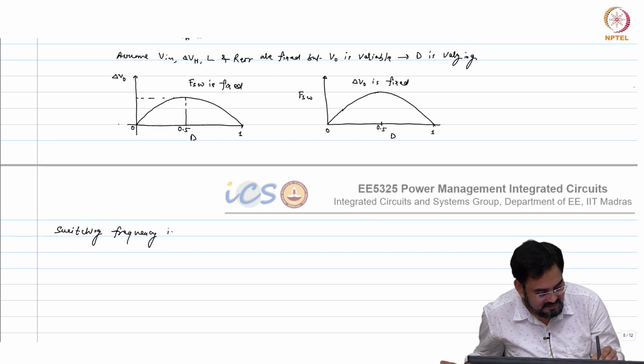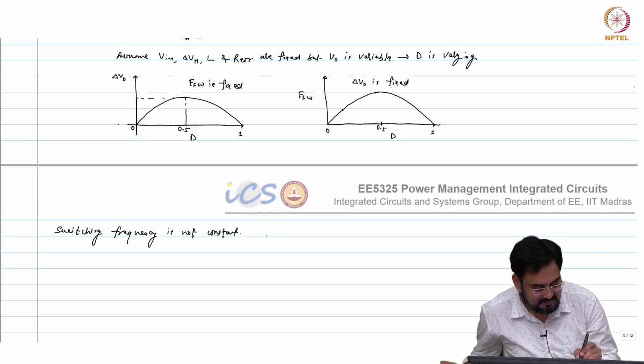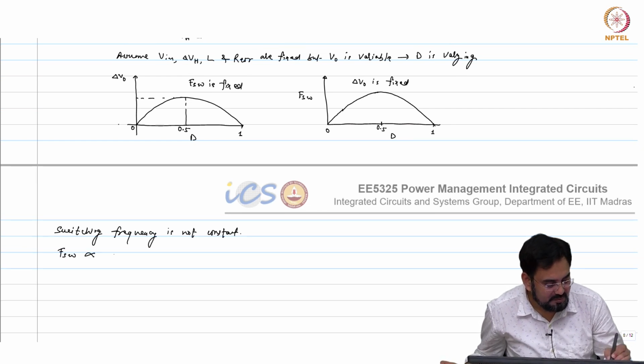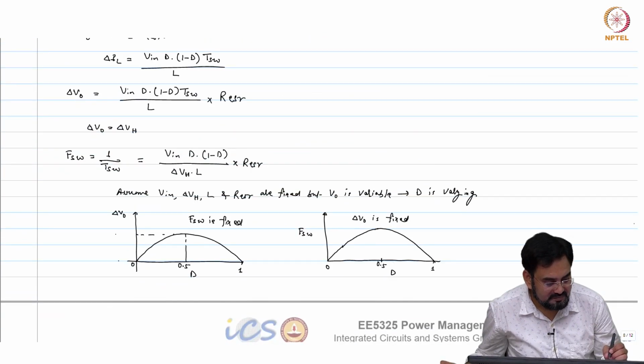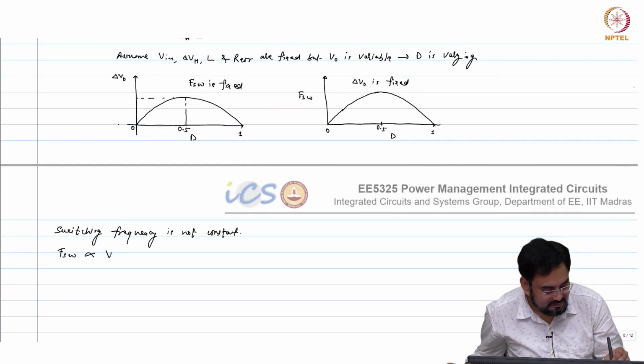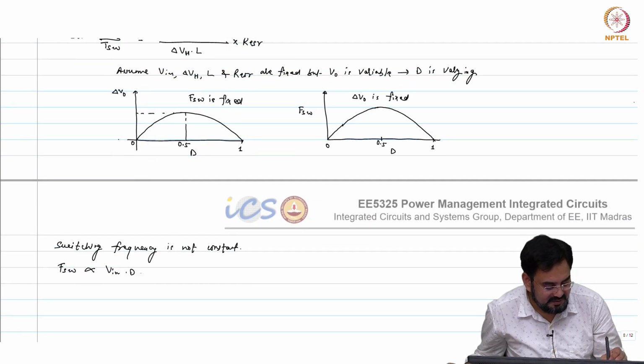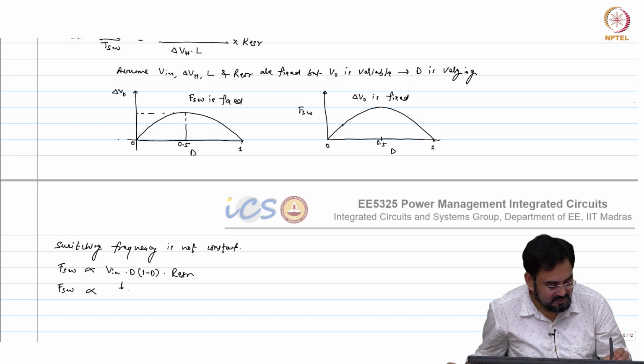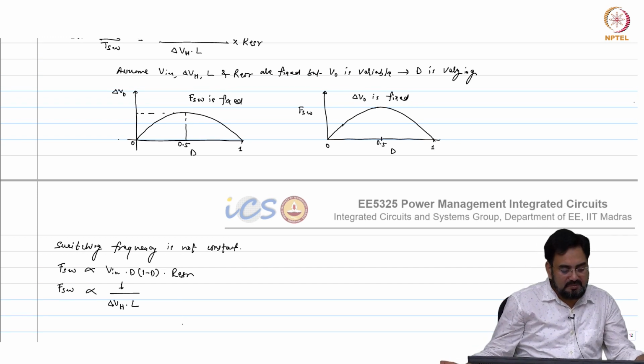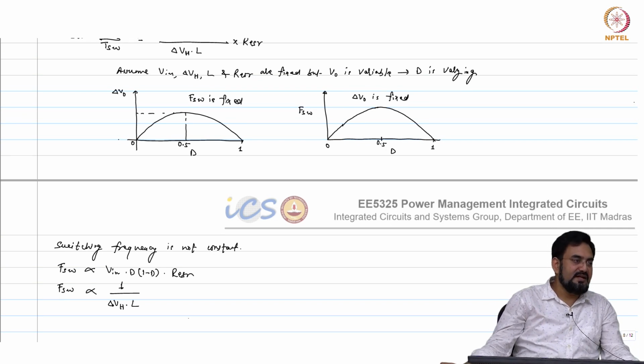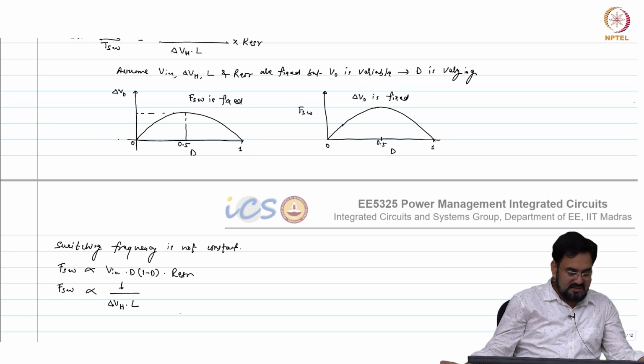Switching frequency is not constant. FSW is proportional to Vin, then what else, into D into (1 minus D) into RESR, and it is inversely proportional to delta VH times L. So once you have fixed the L and you know RESR, everything is fixed, now you can decide delta VH at what frequency you want to operate, but it will vary.